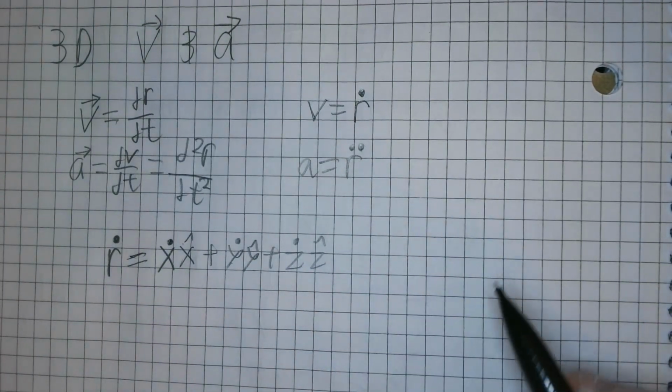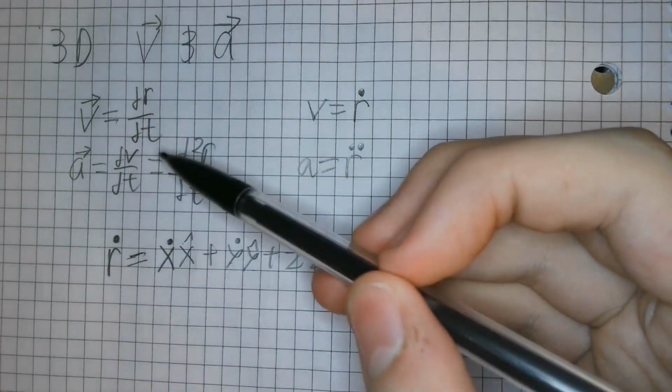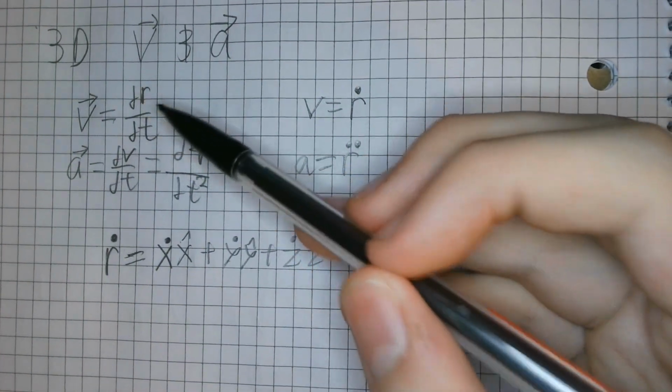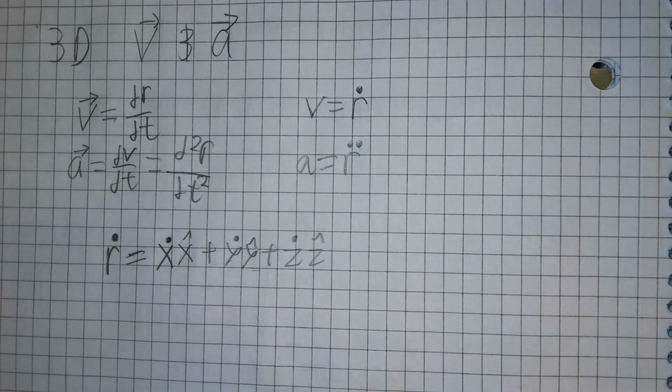If you're not comfortable with this notation yet, just write it out using this. Just replace the r's with an x, y, and z when you go to write that there.